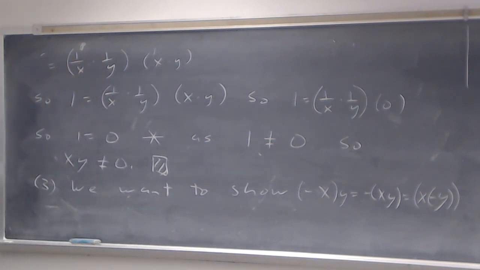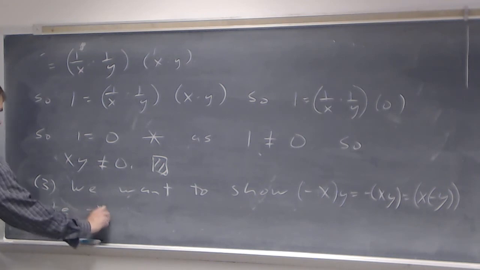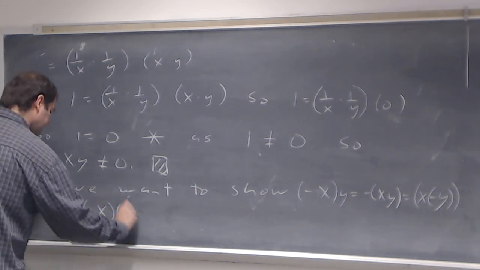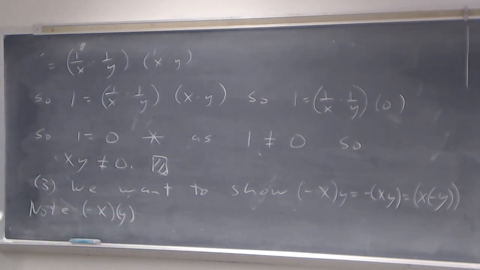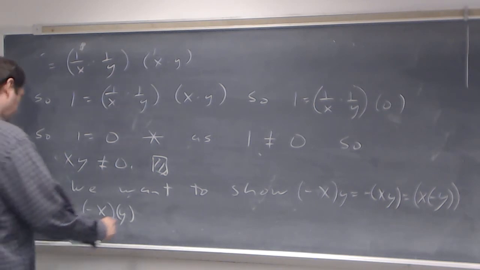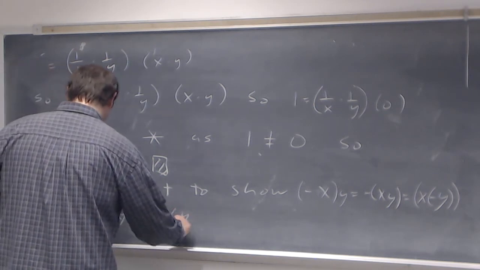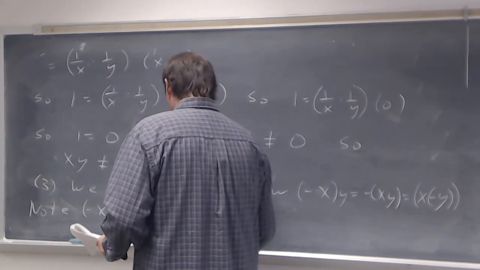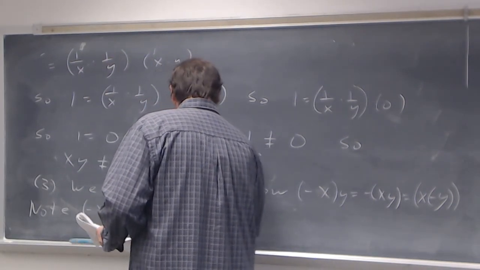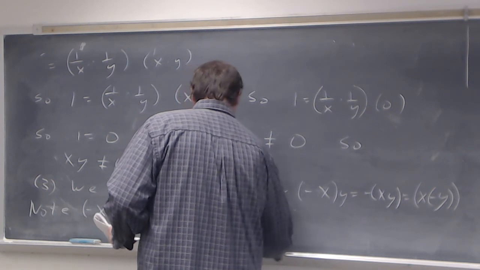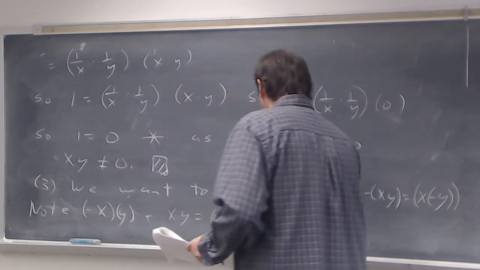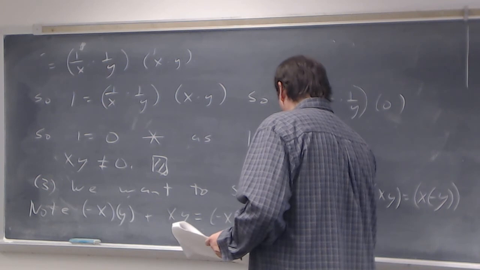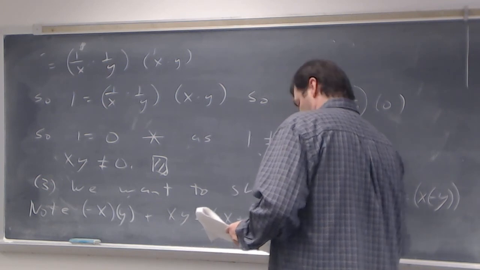So note that minus x times y plus x times y is going to be equal to, you factor y, so it's minus x plus x times y, and that's equal to 0 times y, which equals 0.